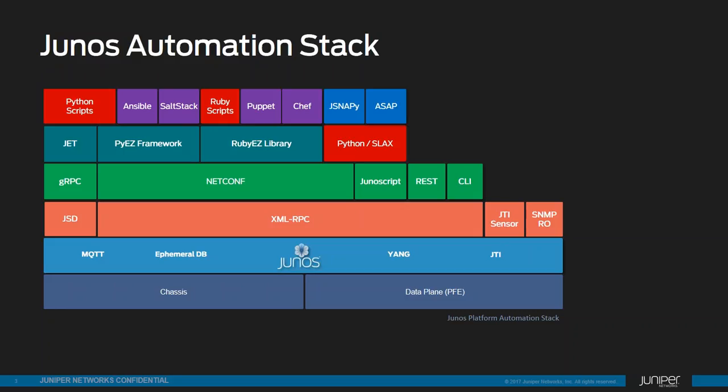So the Junos automation stack, when you get a Junos device, you are always going to get this stack. All these capabilities are built into Junos from day one. Something I wanted to point out was the CLI rests on top of an API that we have had since the beginning.